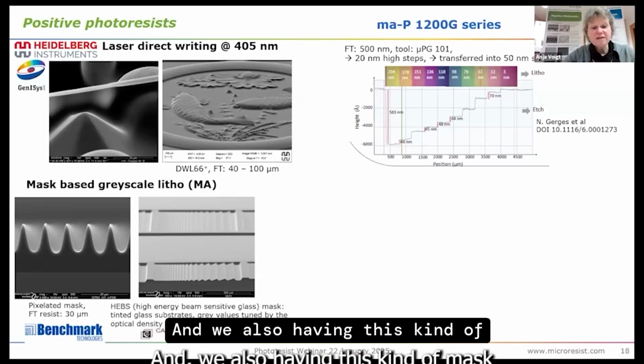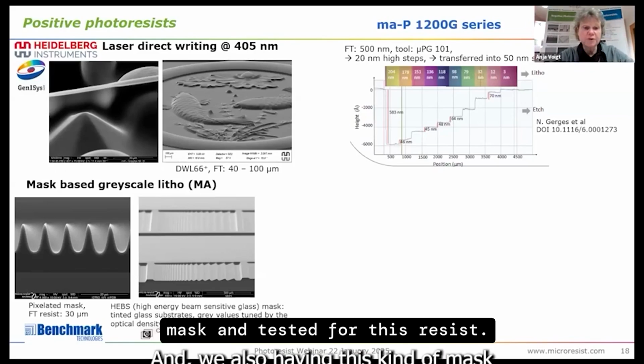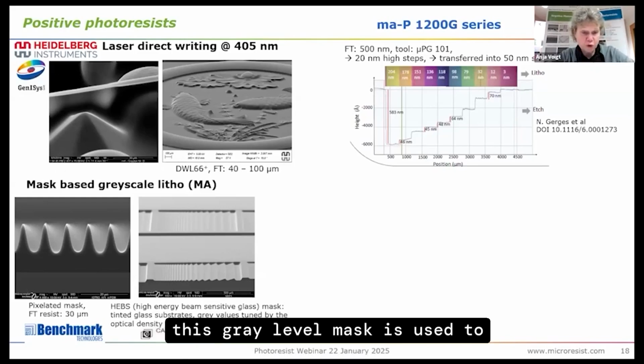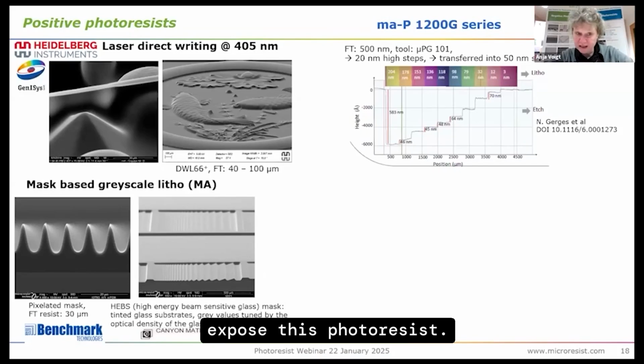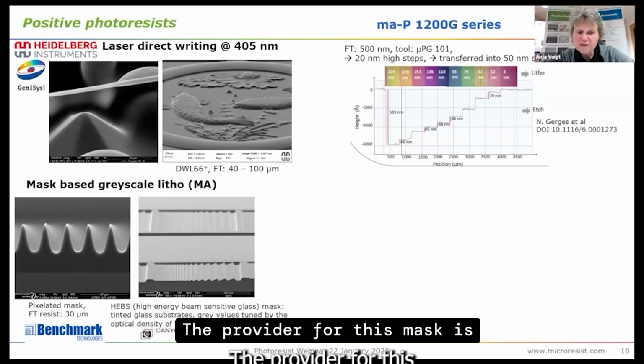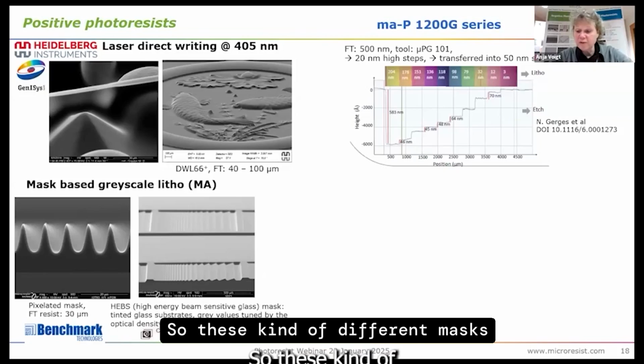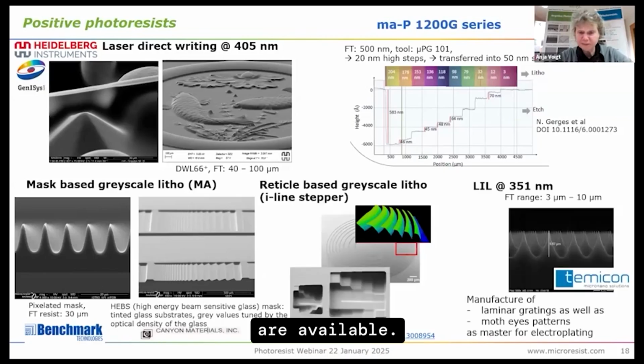And we're also having this kind of mask and tested it for this resist. And this is an example shown where this gray level mask is used to expose this photoresist. The provider for this mask is Canyon Materials. So these kinds of different masks are available.